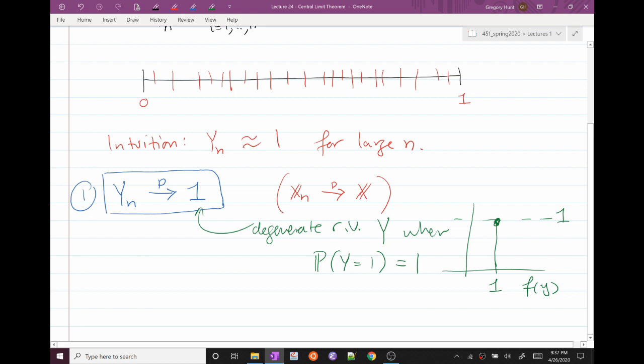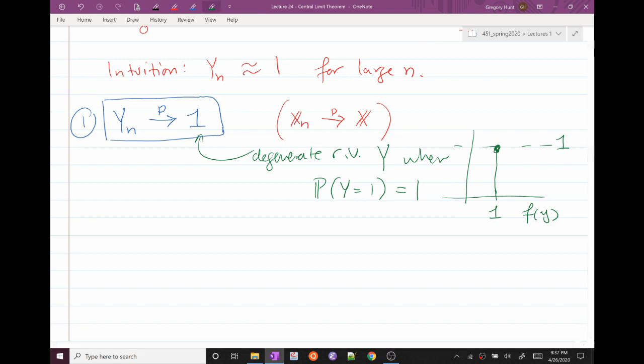And this is going to tie together the last lecture when we talked about inequalities, because showing that this converges in probability to 1, we're going to do through the use of some inequalities.